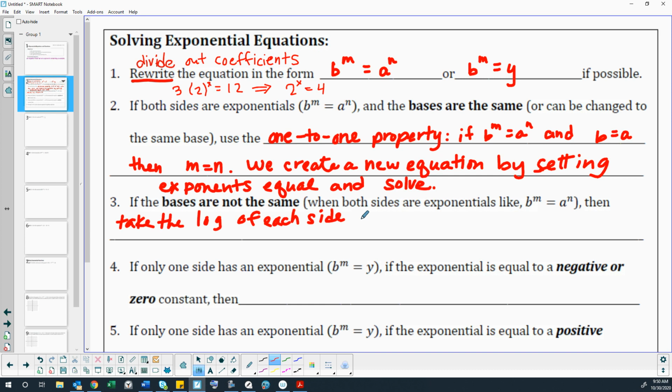Then we use the power property, or the exponent property, to move the exponent, which is the variable, out to the front. That way we can divide and get that variable by itself. So take the log of each side and use the power property to rewrite the equation.